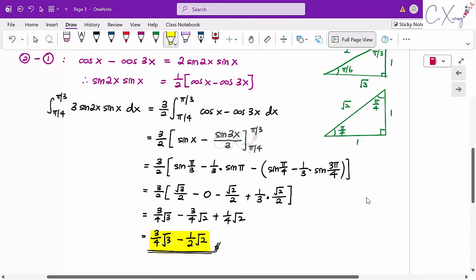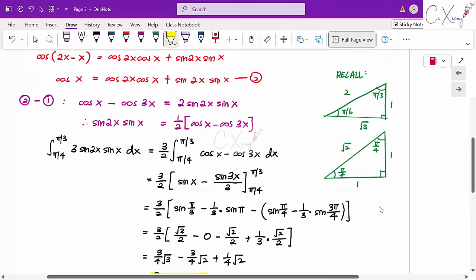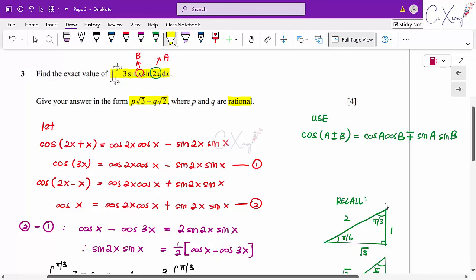So this is how we solve question number 3. And again, just some small suggestions here. For recent past years, we can see that there are a lot of integration questions where they will not give you a hint for the technique of integration. So you yourself have to have the idea of what technique or what suitable trigo identity to use to solve it.